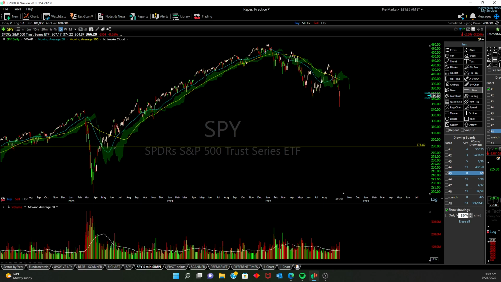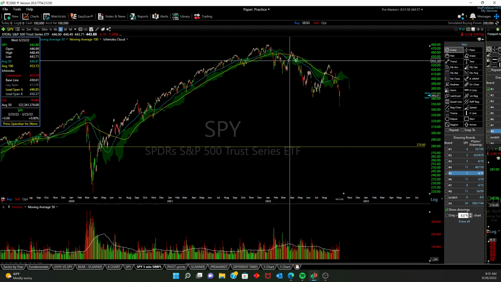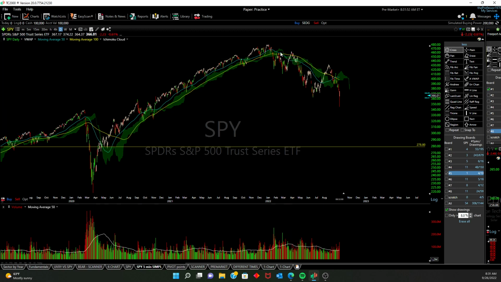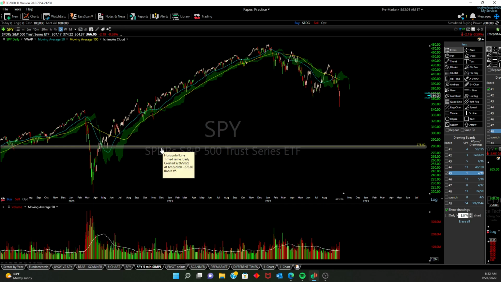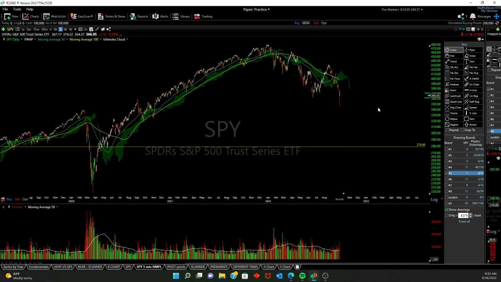You have the chart coming up, then down, and this area right here, that's when the chart's been going up, up, up, and then finally we had to turn right here in the cloud. You could really tell here where the cloud started turning downward, and we're now in a downward type of trend. So this 278 area, it used to be 270, so now it's 278.80. We can trade down to that.